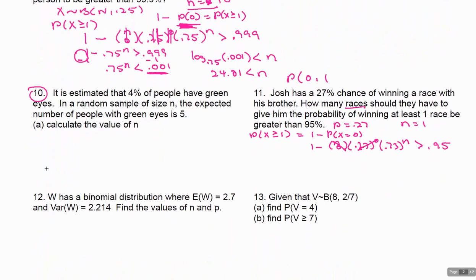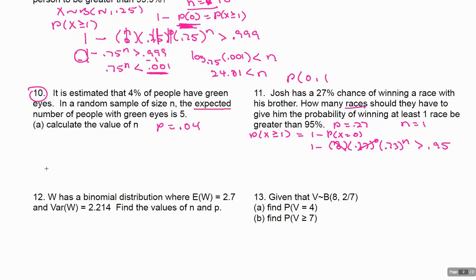Now take a look at number 10. So is it just 5 divided by 0.04? We know that P is equal to 0.04, and we don't know N, right?